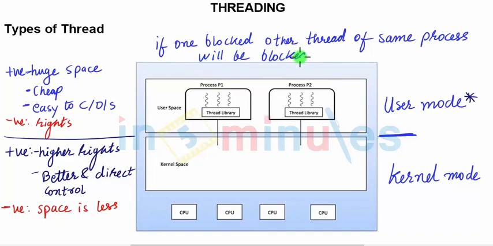Although all good things happen in user mode, even if one thread is blocked, all other threads are blocked. Whereas in kernel mode, if one is blocked, the others can continue.